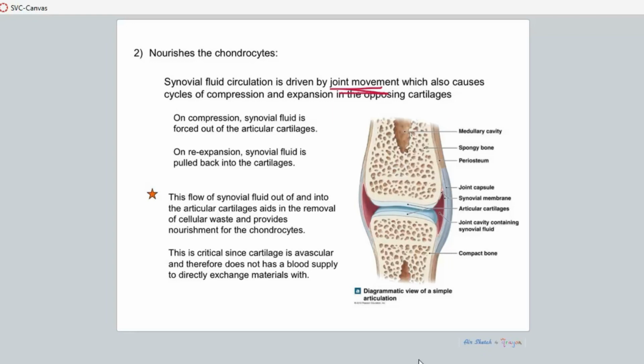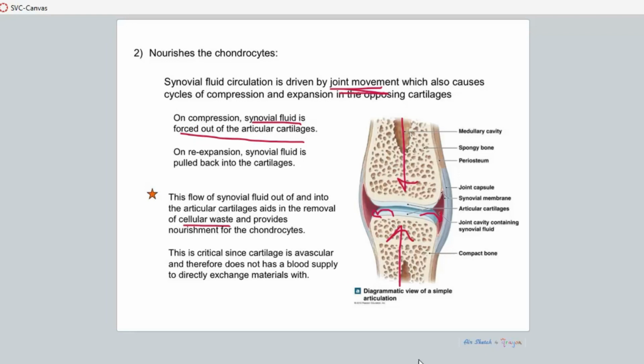When the joint compresses, synovial fluid is forced out of the articular cartilage, and with it goes cellular waste.